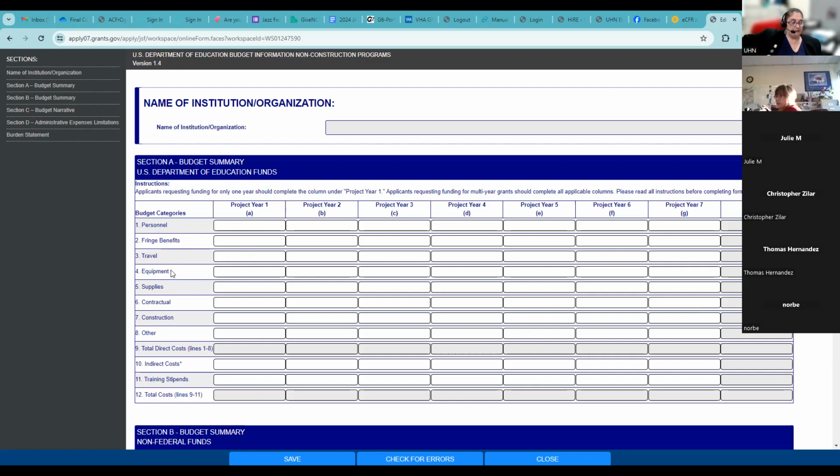So if you're buying computers for your staff, let's say your program's been around for a while and it's time to update computers, if that's not covered under an indirect cost, then that doesn't fall under equipment because the individual computers don't cost $5,000 each. But if you're looking at other items that may be over that, typically it's not a typical VR expense unless you're having to buy equipment.